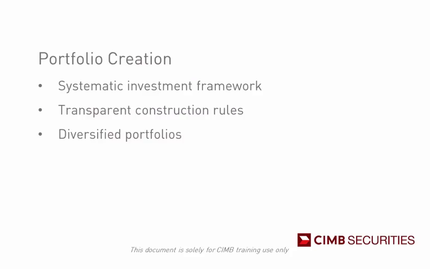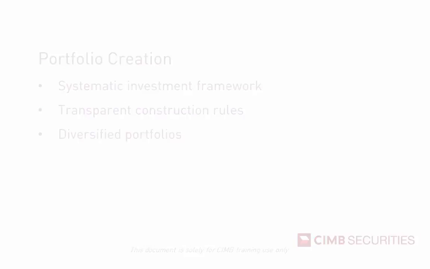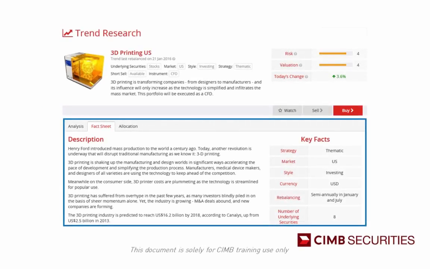Using this systematic approach, CIMB TIPS provides a rationale for each investment decision. This transparency means that you can better understand your investment and make an informed decision. The TIPS platform provides these details in each tip, which you can review in the fact sheet section prior to trading.